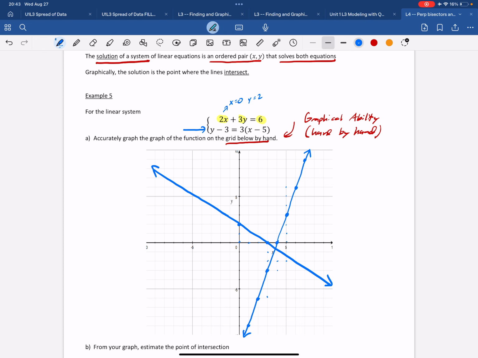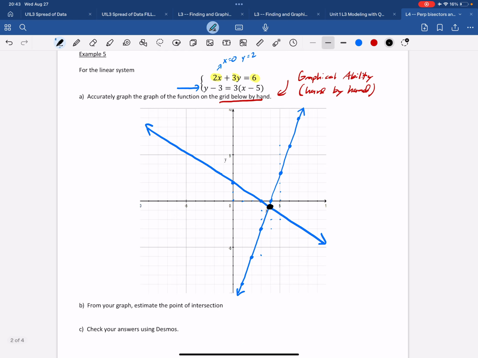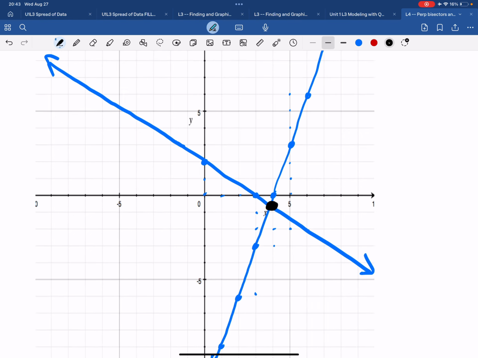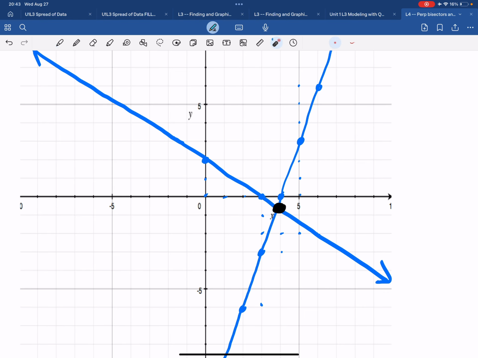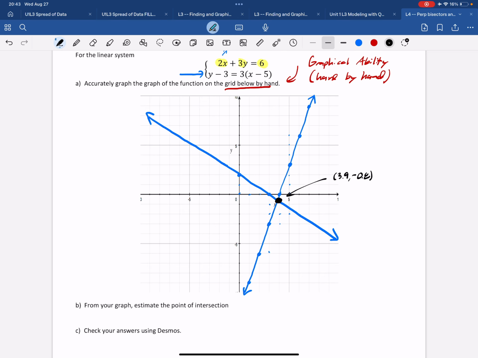So the intersection, the solution to this system, is whatever that point is. Estimate the point of intersection. Well, I'm going to estimate it. I'm going to say 1, 2, 3. It looks like 3.9, maybe negative 0.8. I'm going to say it's 3.9, negative 0.8. But see, we're estimating, right? We're not sure if that's right.